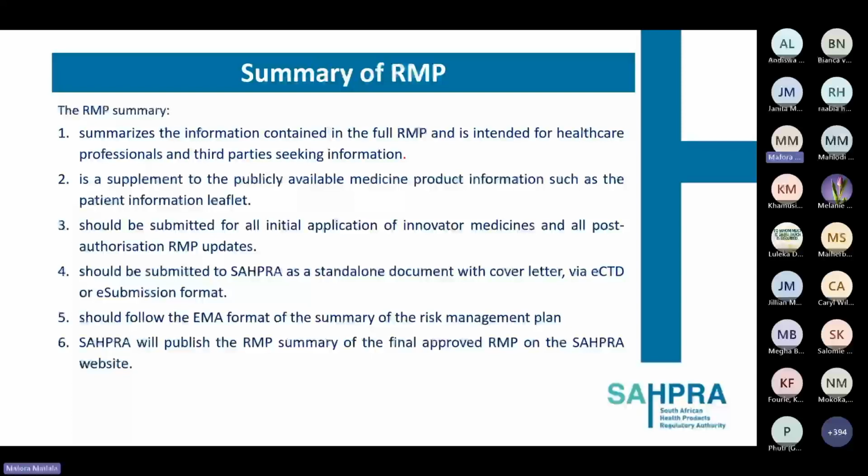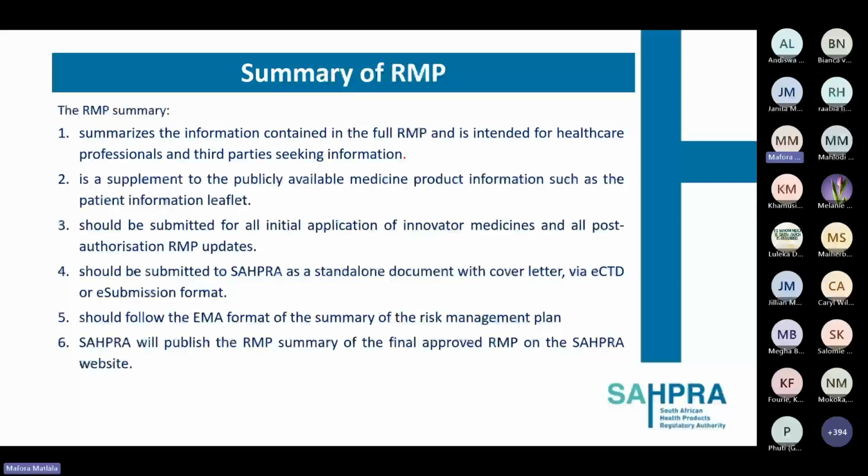So I've come to almost the end of my presentation. One of the things that we highlighted as part of the sections of the RMP that should be submitted as per the EU format that I highlighted earlier is the summary of the RMP.